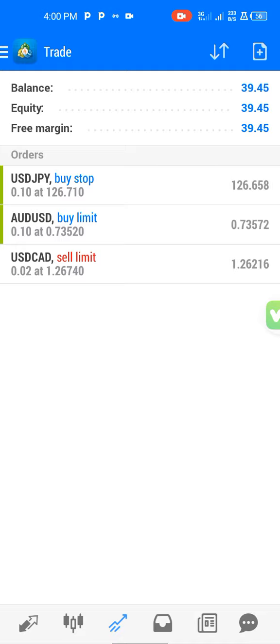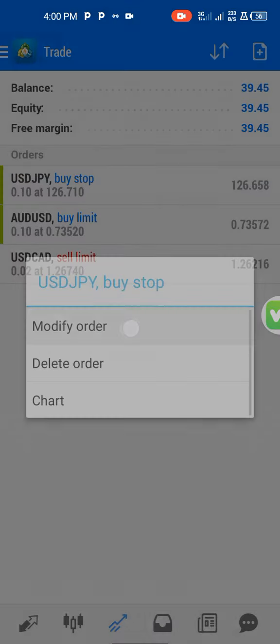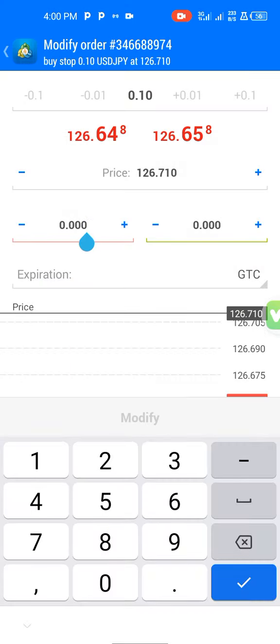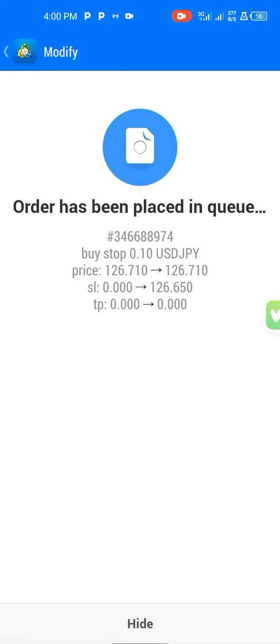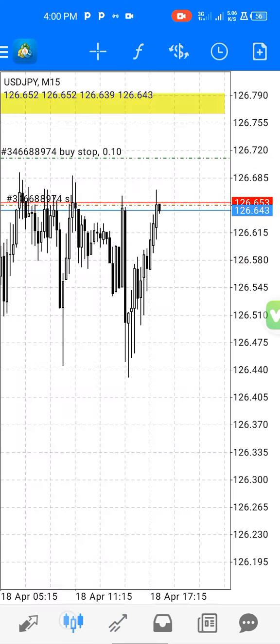126.65. Long press this, modify order. Stop loss by the left, 126.65. Okay, done. Can you see my stop loss is already there?